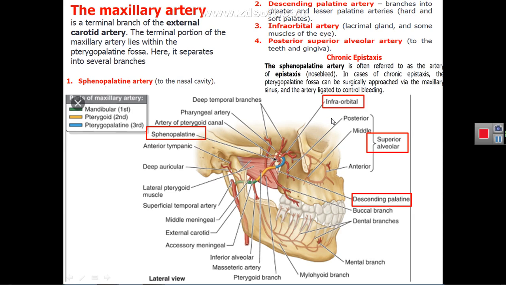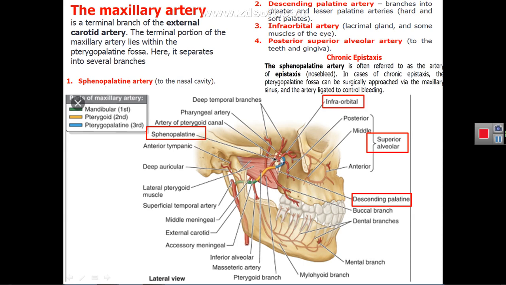Also, the maxillary artery gives infraorbital branch that exits with the infraorbital nerve, branch of maxillary nerve, to supply the skin of the face, and also superior alveolar branches supplying the upper teeth, and descending palatine branches to the hard palate.